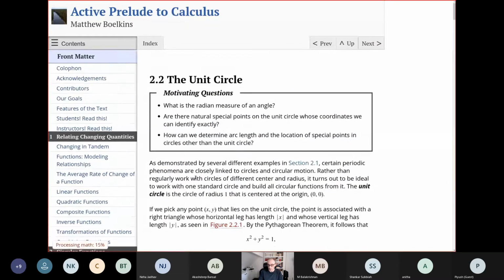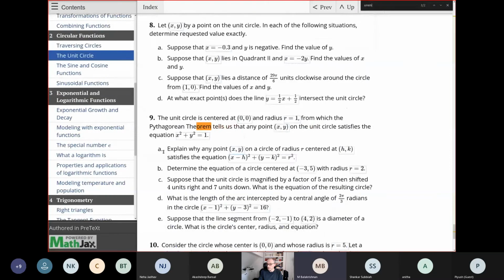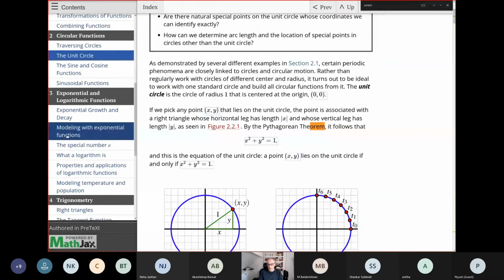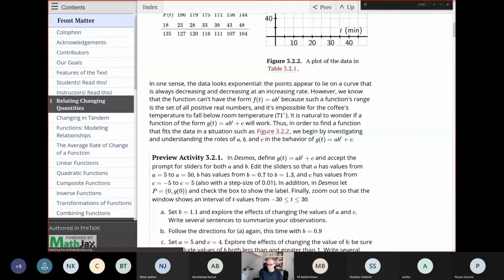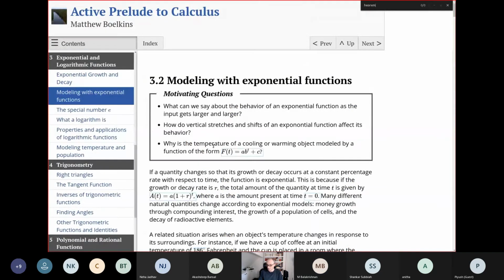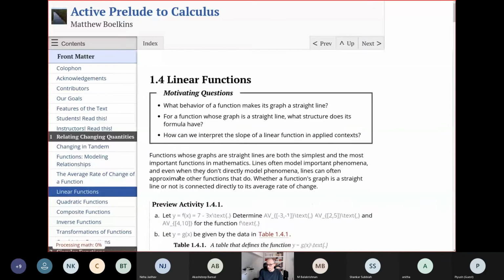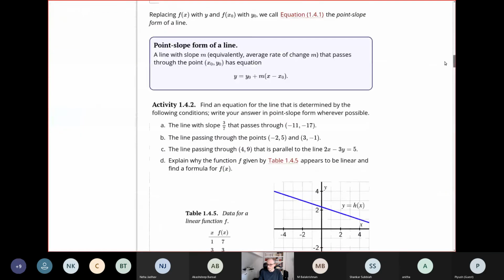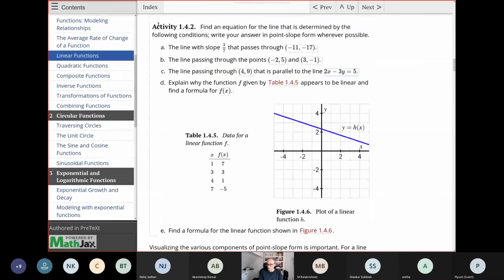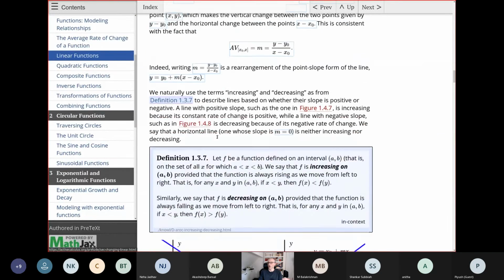There should be a theorem somewhere. Well, if only I could find something. There's a definition. Oh, there's one.